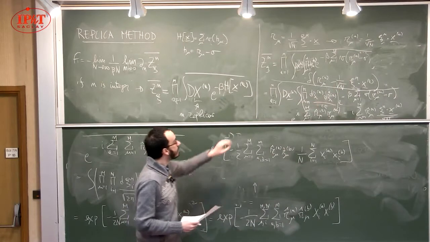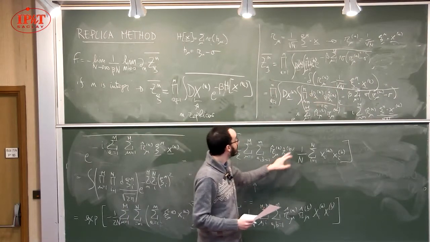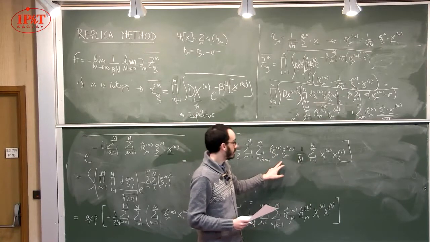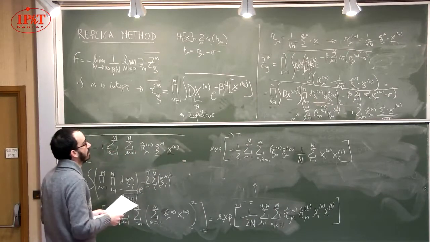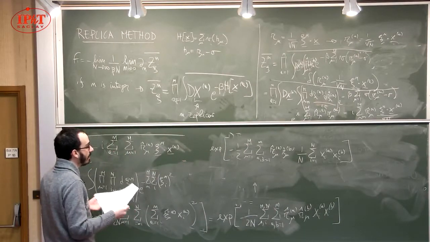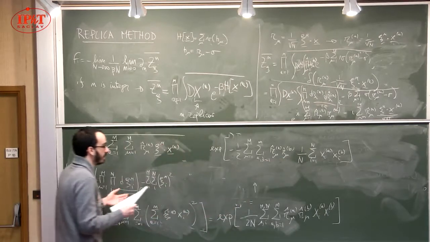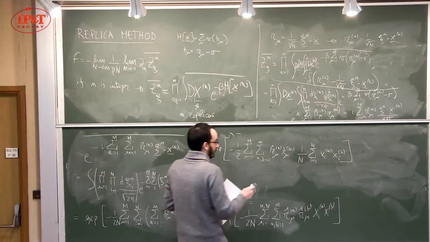So once you average over the disorder, this average generates interaction between different replicas. Okay, so we started from a system of non-interacting replicas, and then we get a term that involves some interaction between them. So this is the first comment.